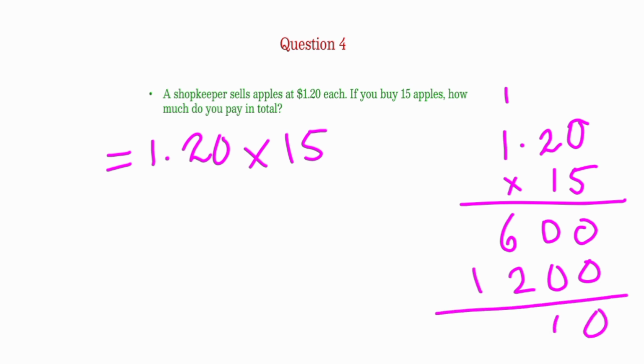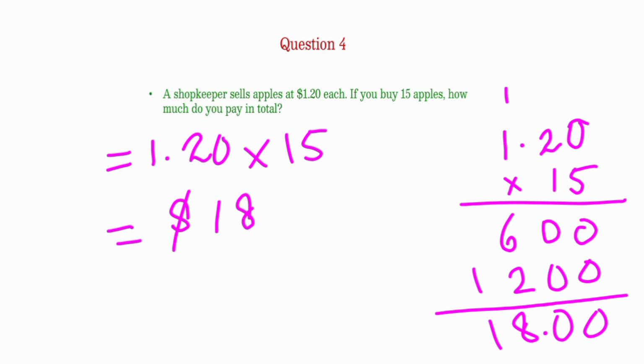Okay, that is going to be 1800, and then we'll put a point as well, point after 2 digits. We'll start from the right and then move towards the left. We'll count 2 digits because here after the point we have just 2 digits. That's why we'll put a decimal point after 2 digits, and it is going to be 18. Yes, so the price of 15 apples is going to be $18.